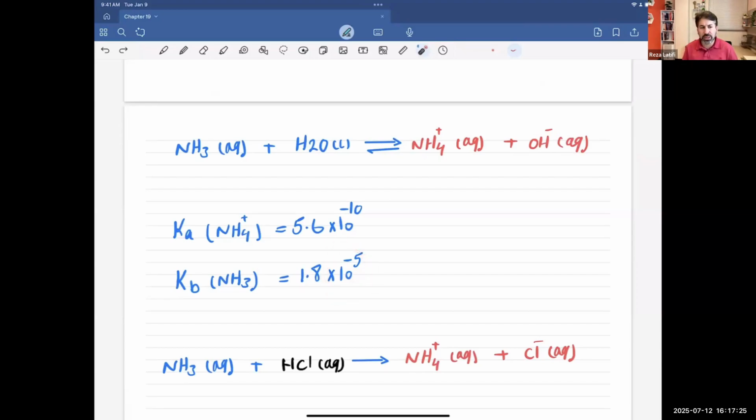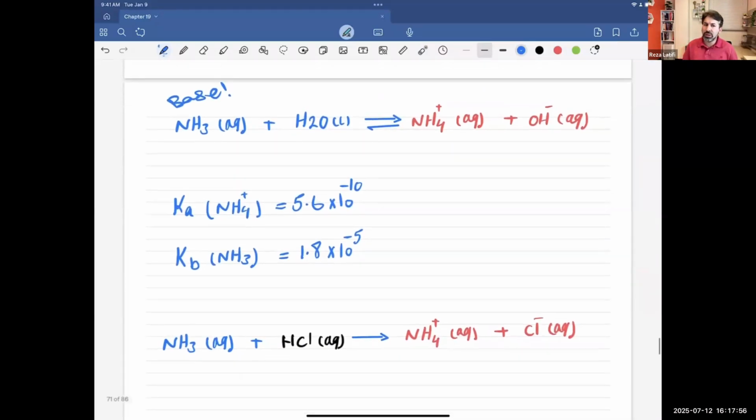If I compare it with the Ka for NH4, the conjugate acid, which is 5.6 multiplied by 10 to the power of -10. If you want to know which side the reaction is going to move, just simply look at the Ka and Kb, and in this case, because Kb is bigger than Ka, clearly NH3 is going to behave as a base. We know that one.